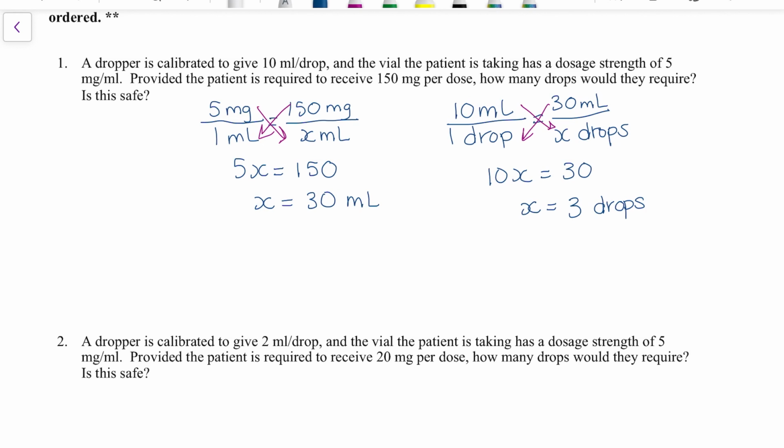Now with this question, we didn't have to do any rounding. The drop worked out perfectly. So the 3 drops we're giving them is working out to give them exactly what the doctor ordered. So we don't need to worry about the 10% variation. So it is safe.